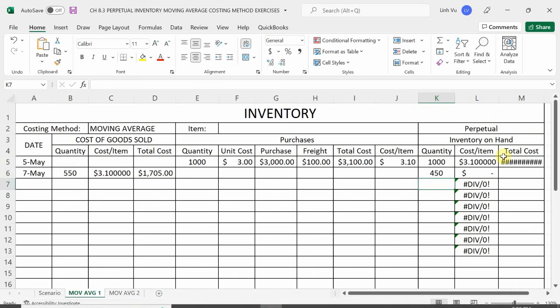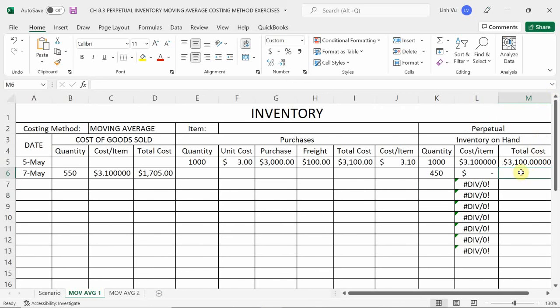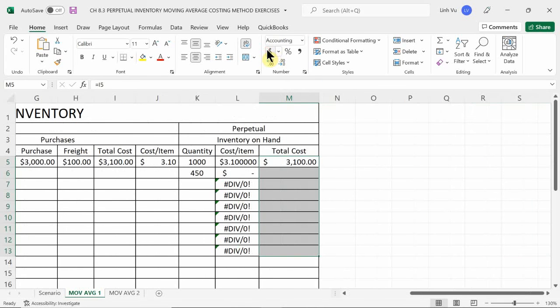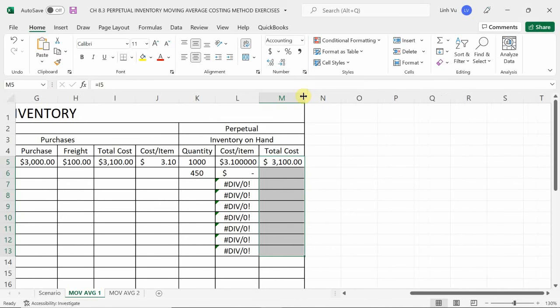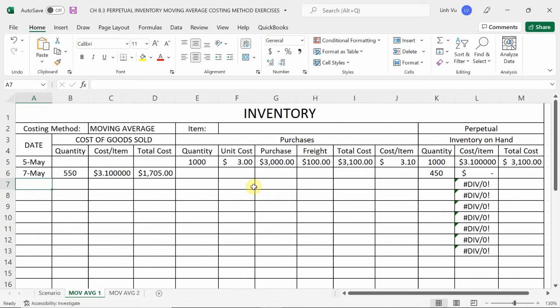And then I'm also going to do the same thing with my total cost here. Right now my total cost, let me go ahead and make this 2 decimal places. Okay, and let me put that back real quick. So right now I am at 450.